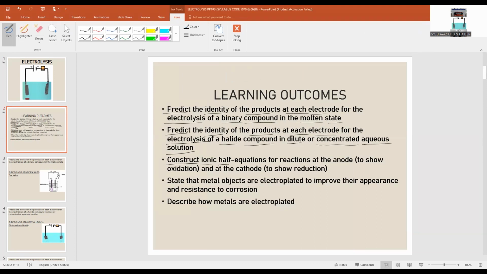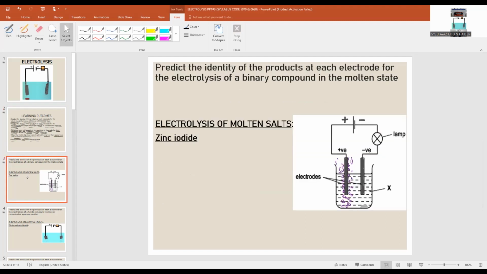Construct ionic half equations for reactions at the anode to show oxidation and at the cathode to show reduction. State that metal objects are electroplated to improve their appearance and resistance to corrosion. Describe how metals are electroplated.